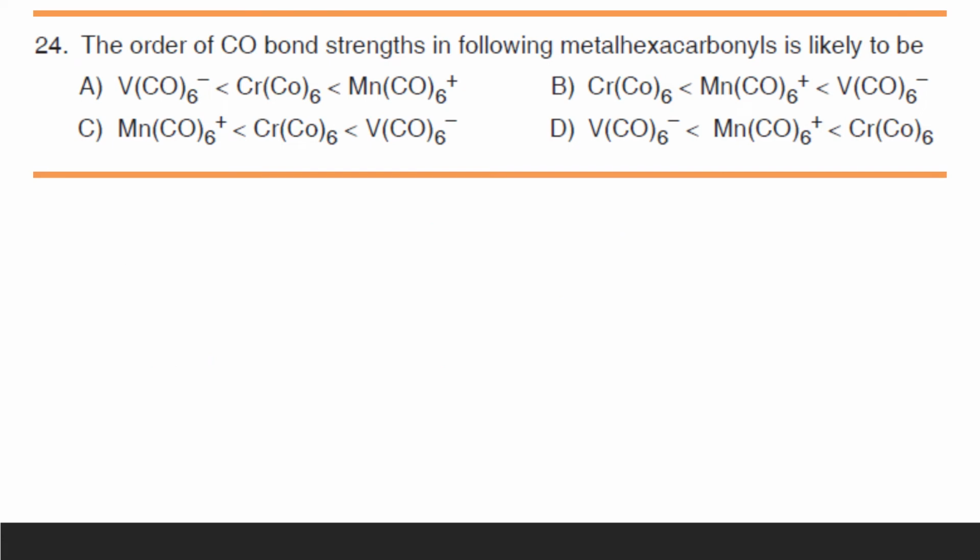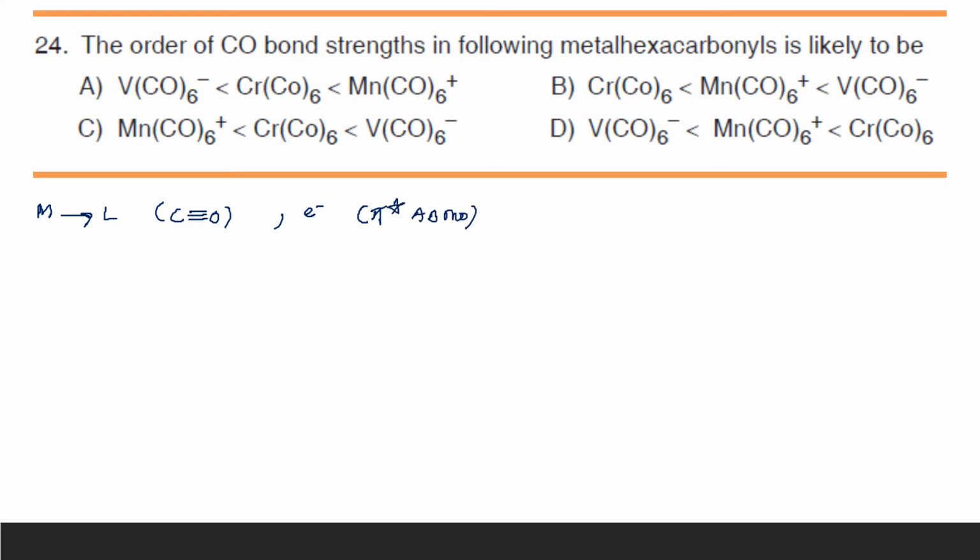Before that, if you want further clarification of how the CO bond strength decreases when there is back bonding, I've already mentioned that during back bonding, the electron from the metal is donated to the ligand. So when the ligand happens to be a pi acceptor ligand like CO, the electron donated by the metal enters the pi star antibonding molecular orbital, right?